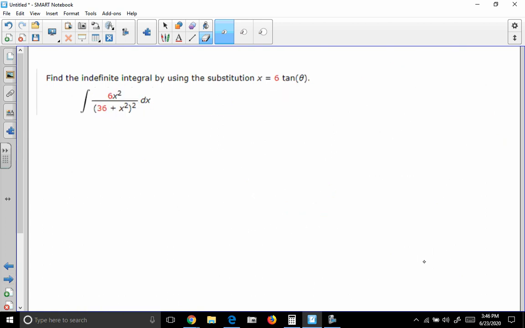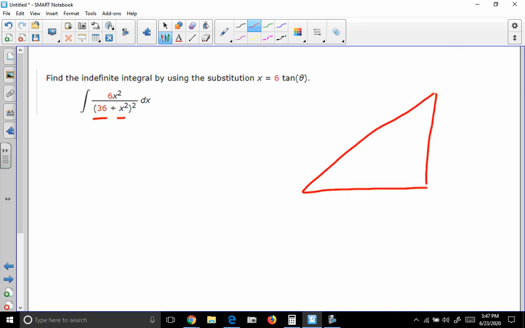All right, let's take a look at the next one. Here, notice we have a constant that's a perfect square plus a variable squared. And when we do that, we're going to use a substitution that's tangent. The hypotenuse is going to be the square root of the constant squared and the variable squared.